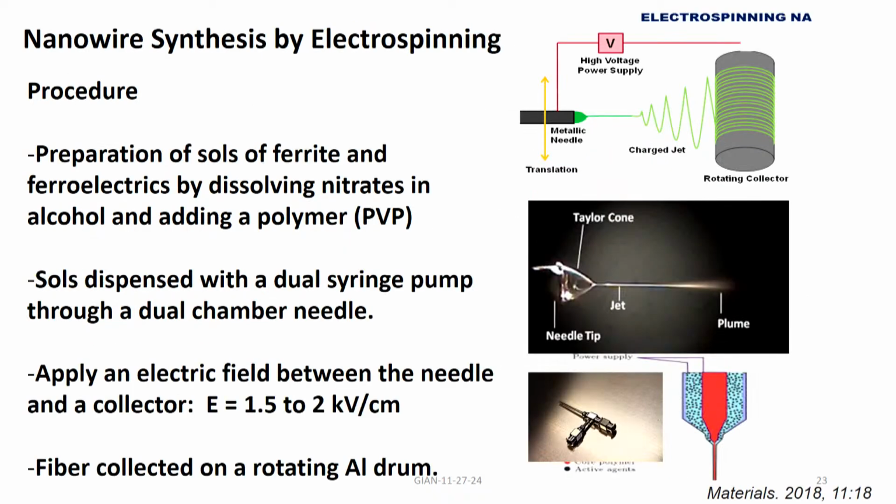Okay, so how do you make these nanofibers? Keep in mind that we have to have these fibers in such a way that the core is made of one phase, the shell is made of another phase, so that they have a clean interface.